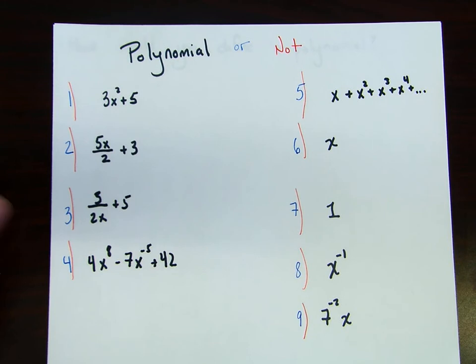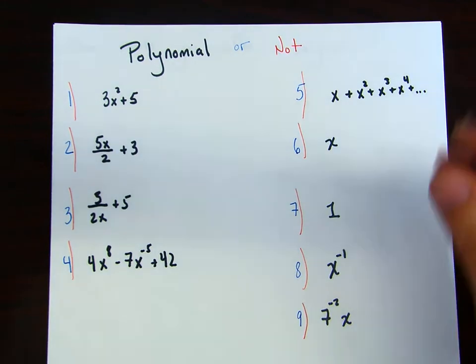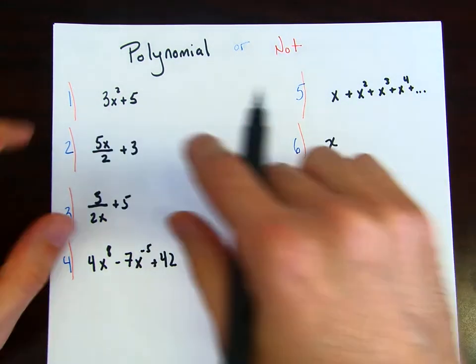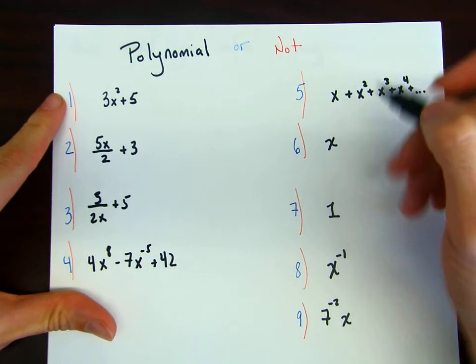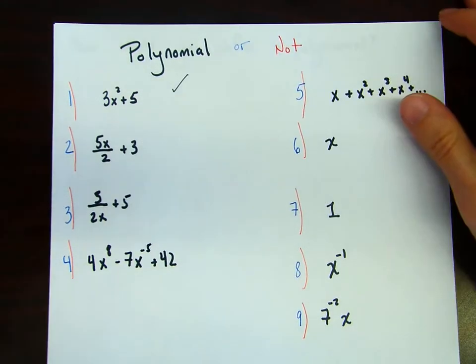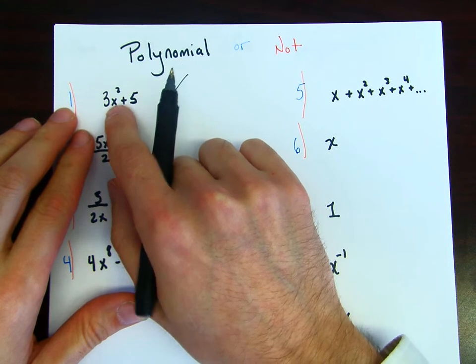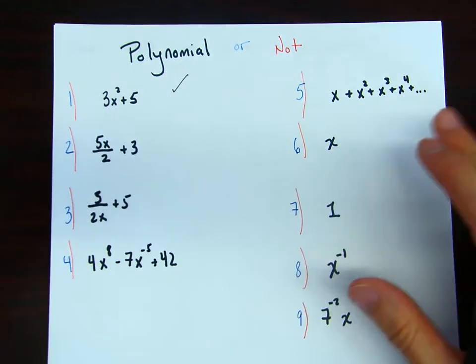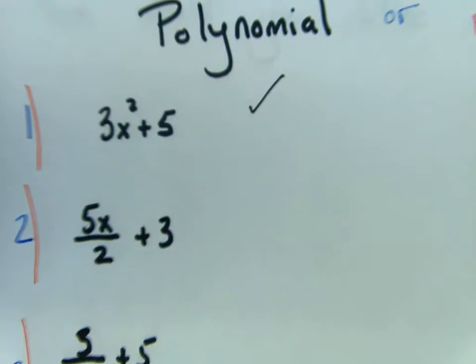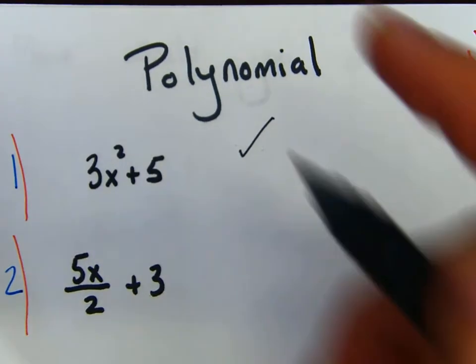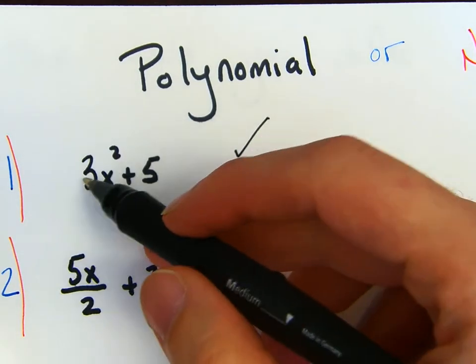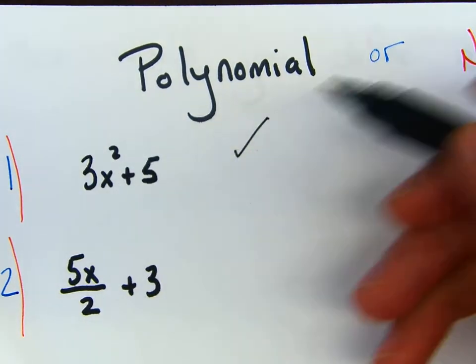Okay, so let's look at the first one. Is this expression a polynomial? Yes, it is. Here we have our variable x. It's being squared, it's being multiplied by 3, and you're adding 5.